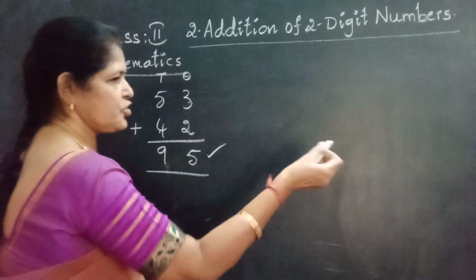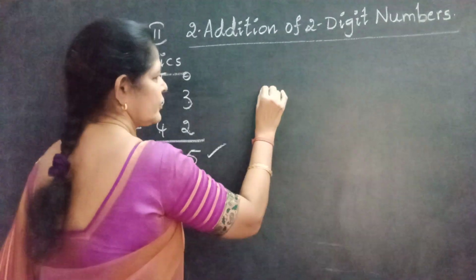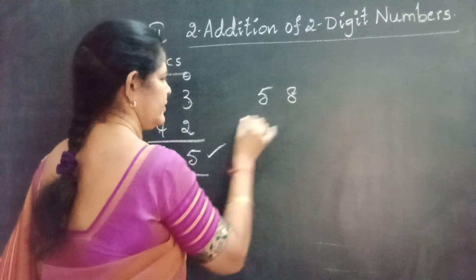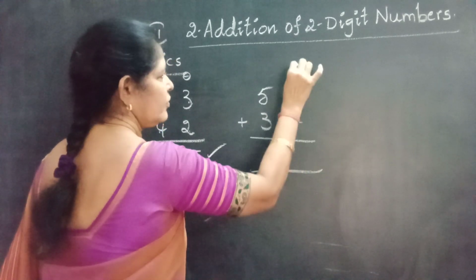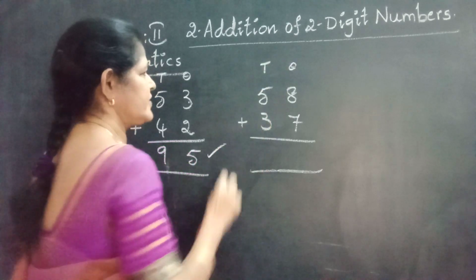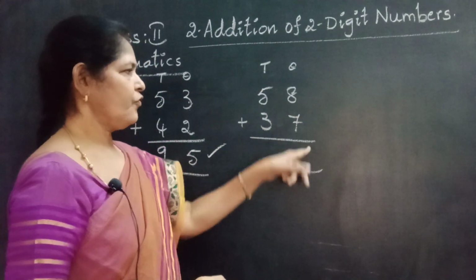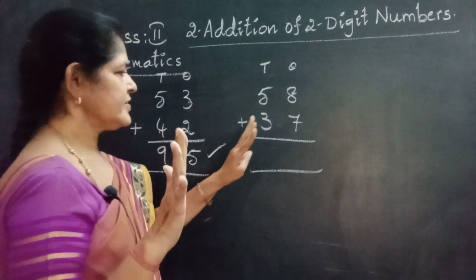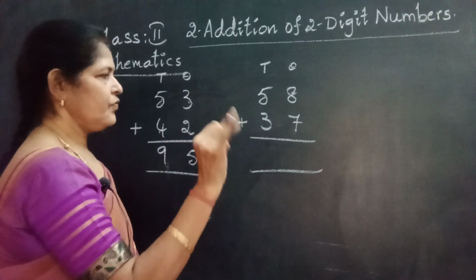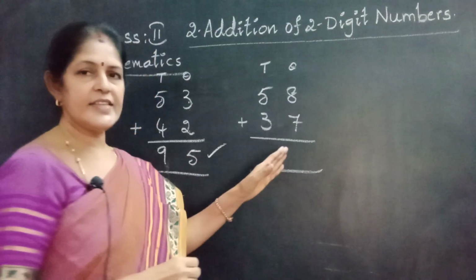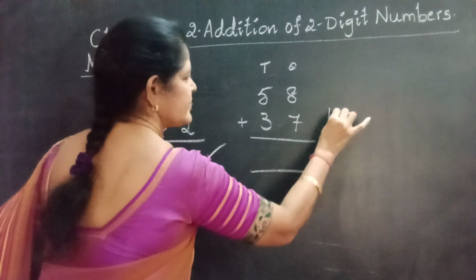Now I am going to show with regrouping. 58 plus 37. Ones place, tens place. The process starts from ones. Take 8 fingers, then 7 more: 9, 10, 11, 12, 13, 14, 15. 15 is a 2-digit number.